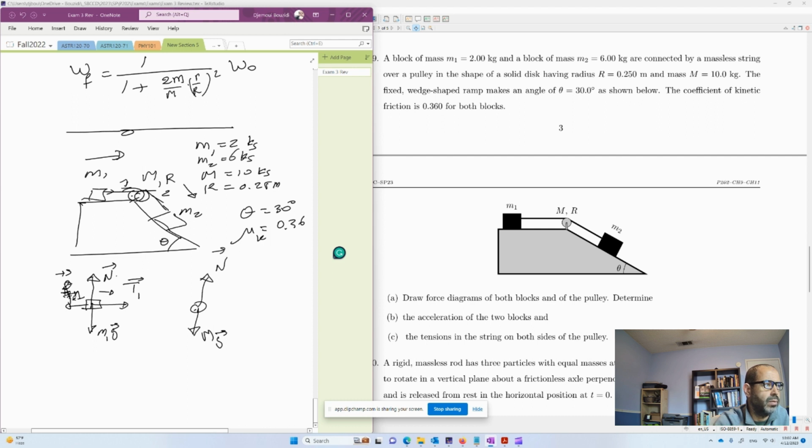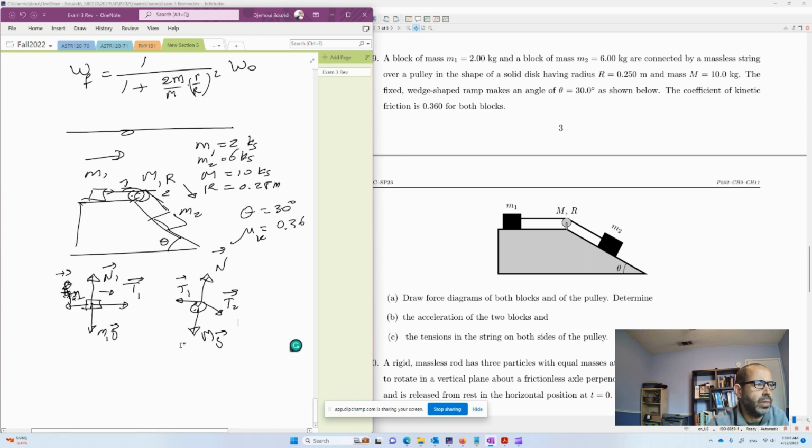So I'm going to leave this one as N1, and this one is N. On both sides of the pulley, there is a tension T1 and a tension T2. I know T1 is not this T1. The magnitudes are equal, in direction they're opposite. Those are the only forces on it.